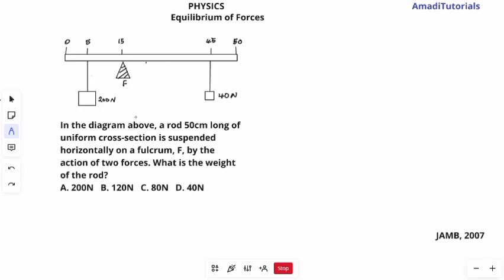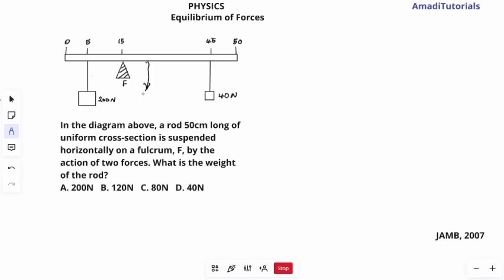Since it's a uniform rod, the weight will act at its center. And where would you locate the center? Since the total length is 50, the center will be at the middle, 50 divided by 2, which is 25. That will be somewhere here.